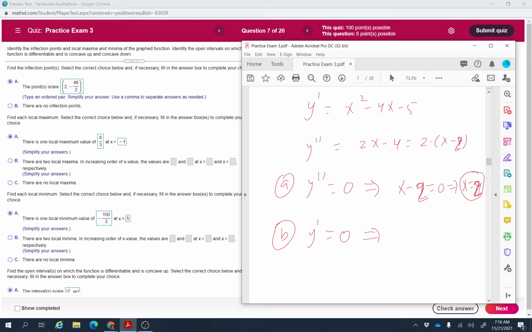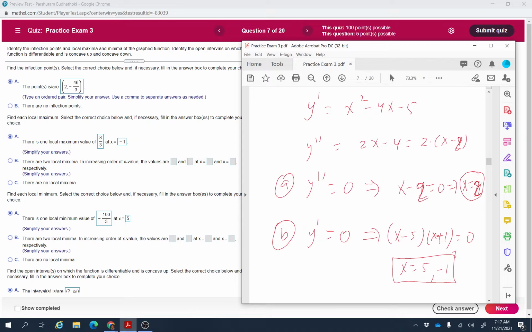The first derivative can be written as x minus 5 times x plus 1 equals 0, because negative 5 times 1 is negative 5, and negative 5 plus 1 is negative 4. So x equals 5 and negative 1. These are the critical points.